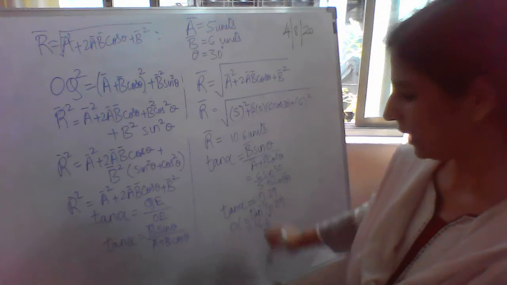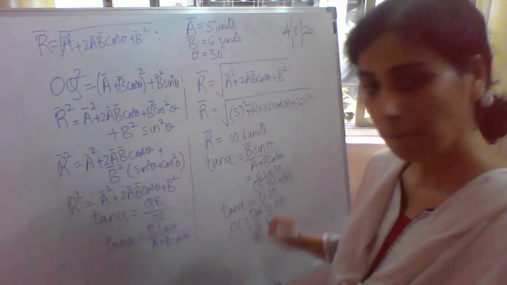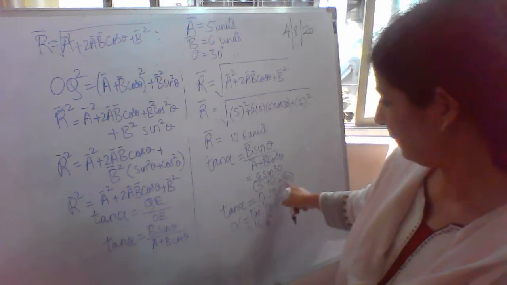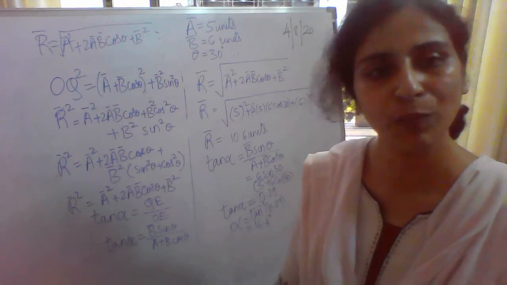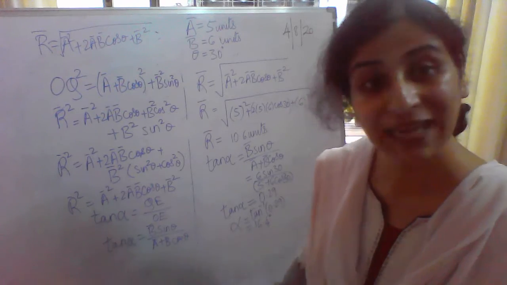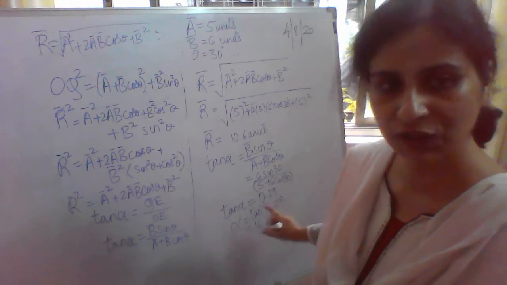Whenever you get this tan alpha, here also when you are dividing, put this in the bracket. That is 5 plus 6 cos 30, put it in the bracket. You will get the answer 0.29. But I don't want tan alpha, I want alpha. So alpha will be tan inverse of 0.29.